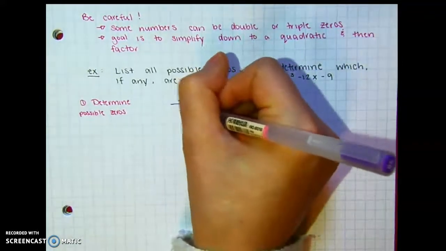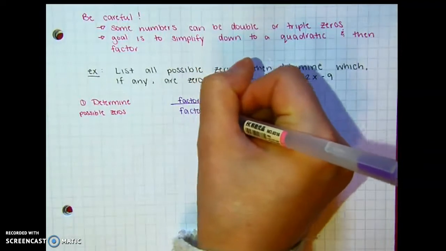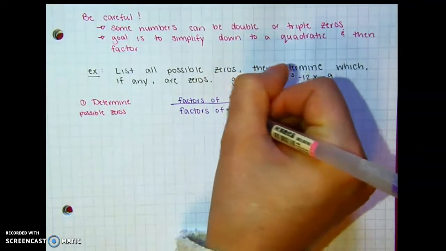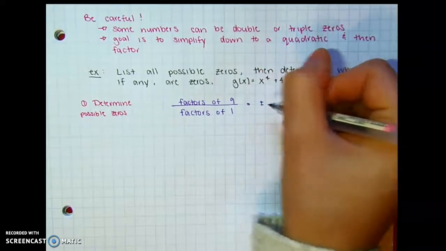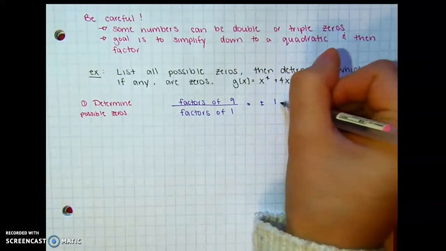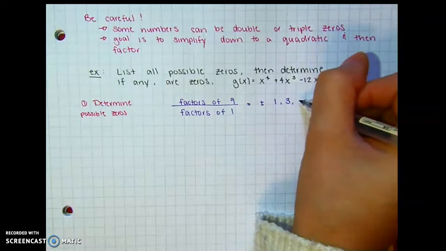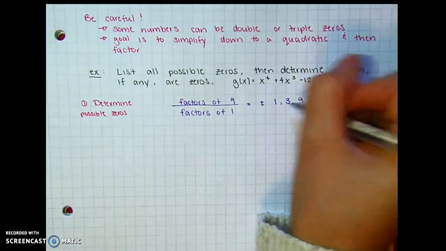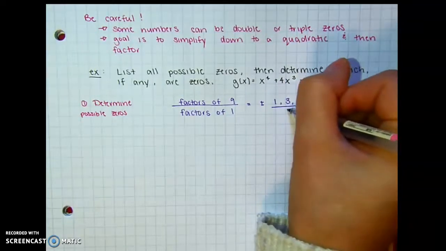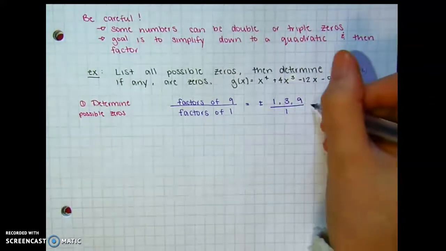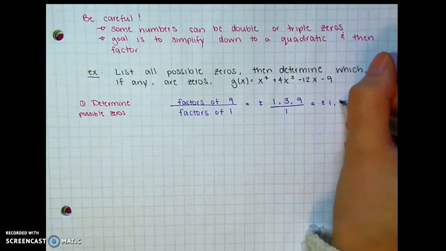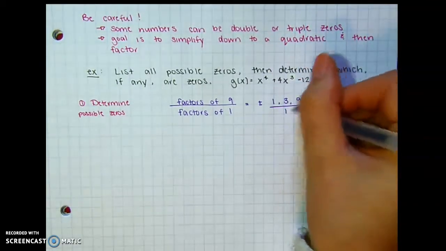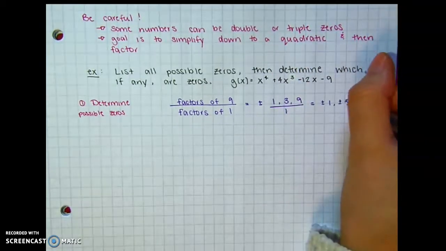So this one's going to be easier because it's factors of 1, so that's just 1. Factors of 9 are 1, 3, or 9. And remember, all of these are plus or minus. And then factors of 1 are 1. So then we divide: plus or minus 1 divided by 1, 3 divided by 1, 9 divided by 1.